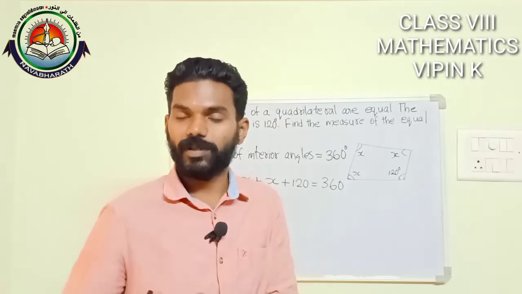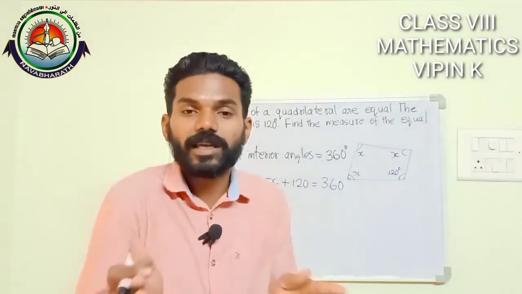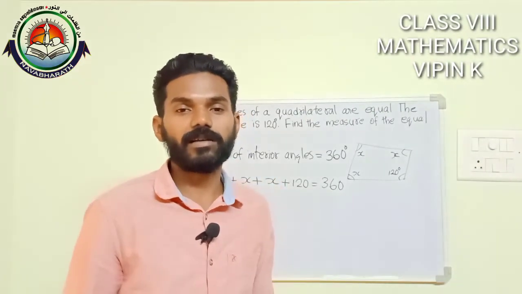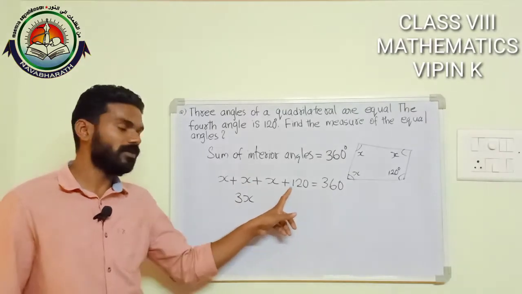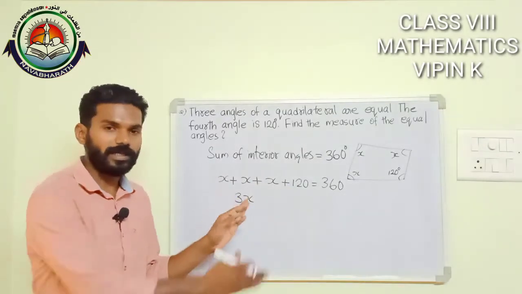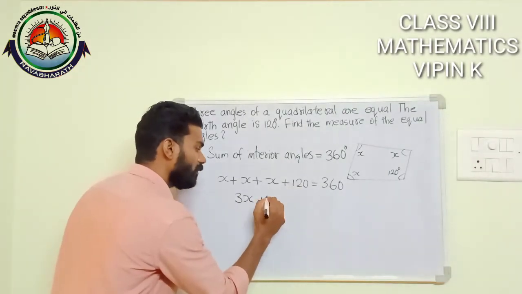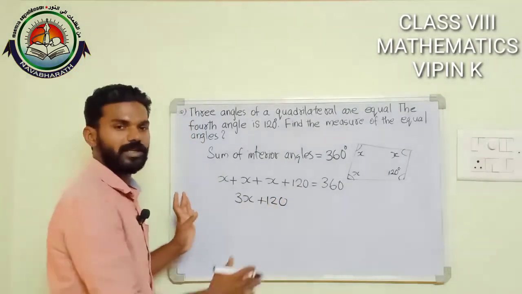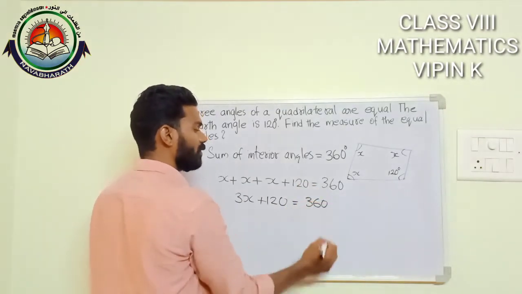No, because mangoes are different and oranges are some other thing. They cannot be added. Clear? Just like that, we cannot add these x with 120 to get a single answer. So we can write this 120 separately. Now on the right it would be 360.